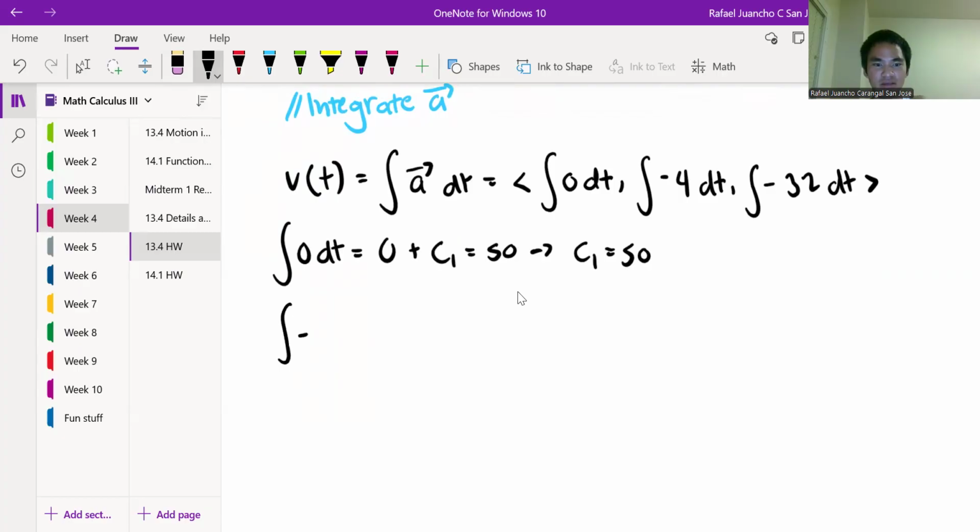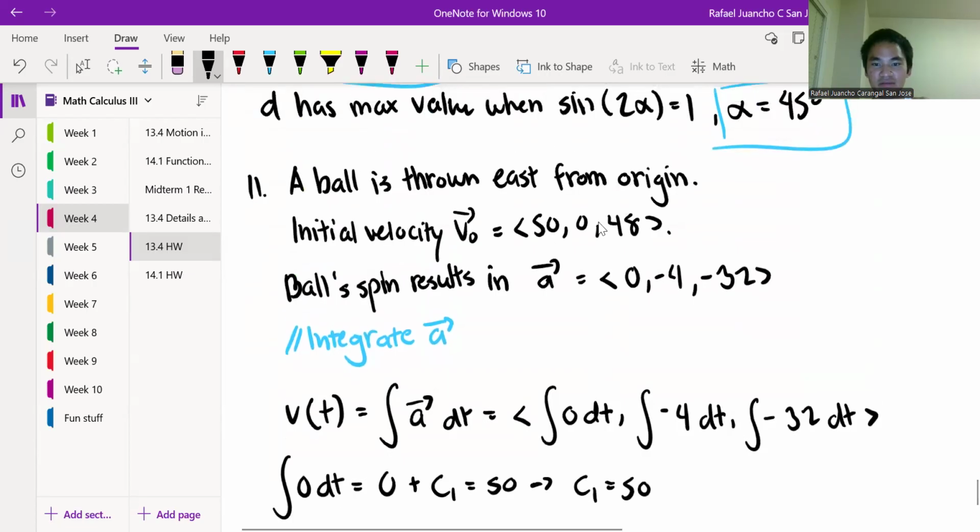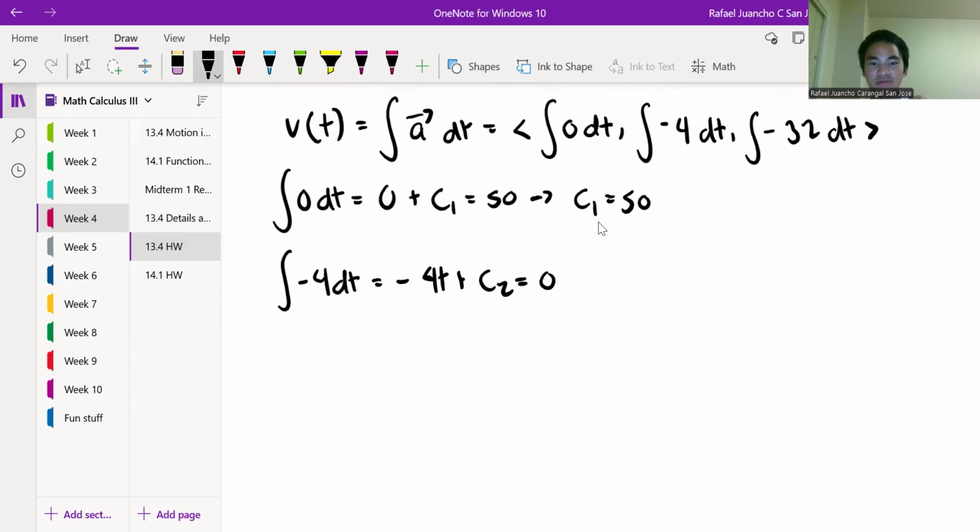And then negative or, oops, I integrated immediately. So you have negative 40 plus c2. And I get the constant immediately. I get 0 here. I plug in the 0 here, right? So I immediately plug in this thing.